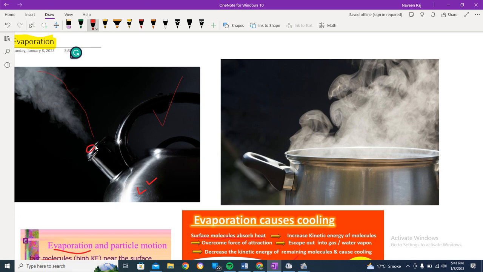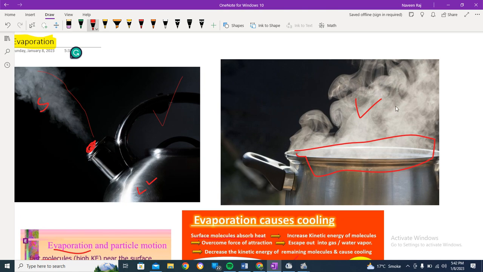Here you can see that we have a small hole, and the evaporation rate is slow compared to this one. This one has a large surface area, and there is large evaporation. Simply, this is a factor. The surface area affects evaporation. With a small hole, small surface area, we have less evaporation. In the large one you have more.